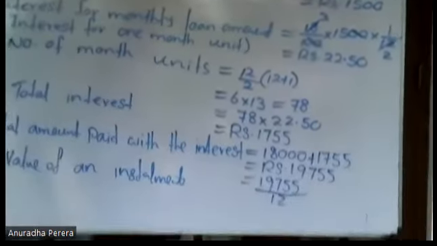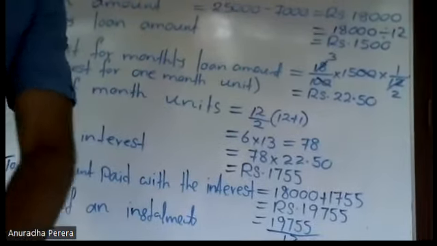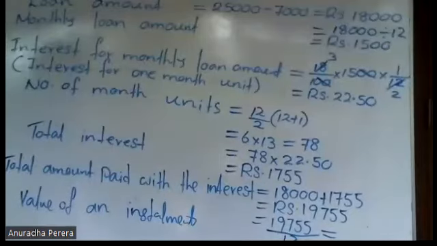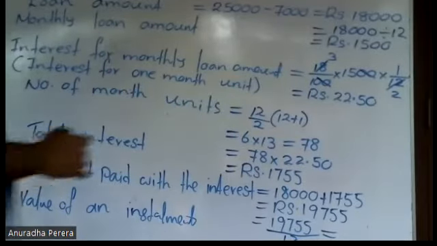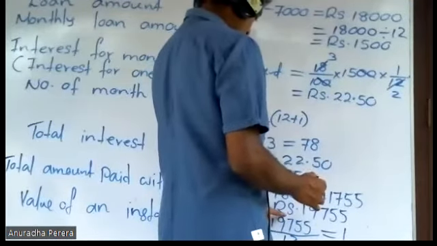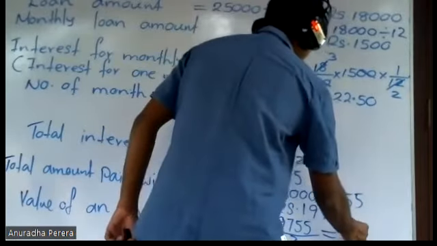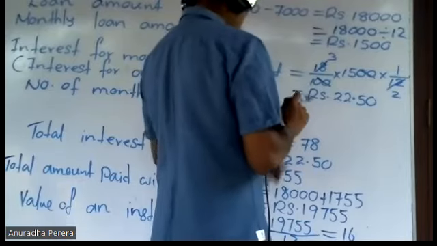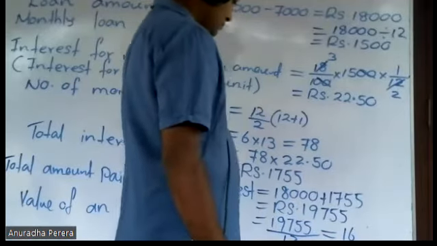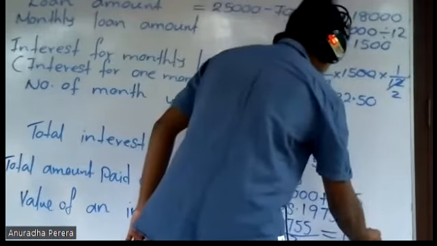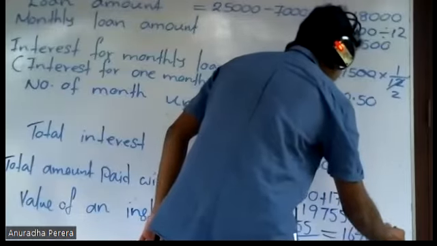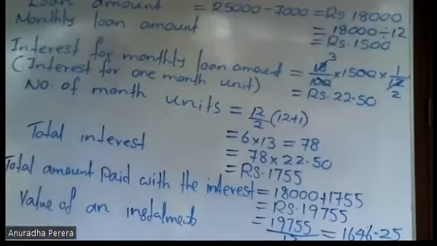Your answer is 19,755 divided by 12, which is 1,646 and 25 cents.